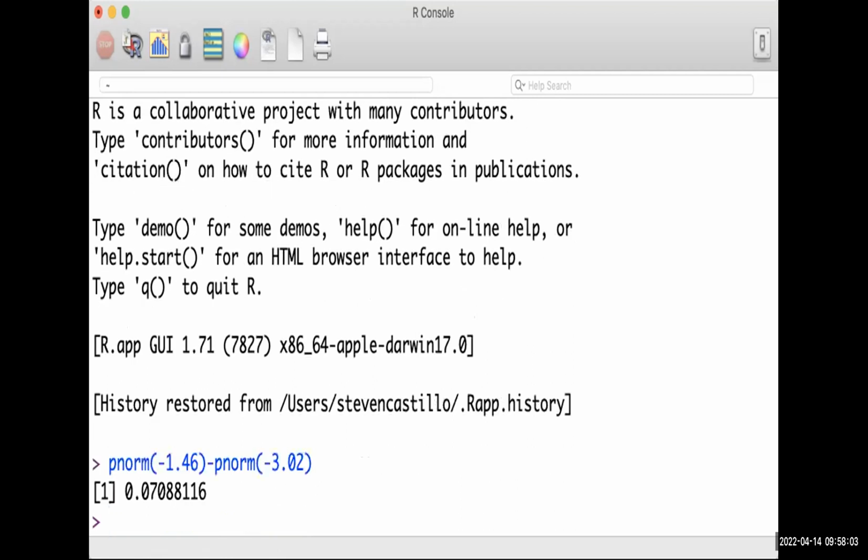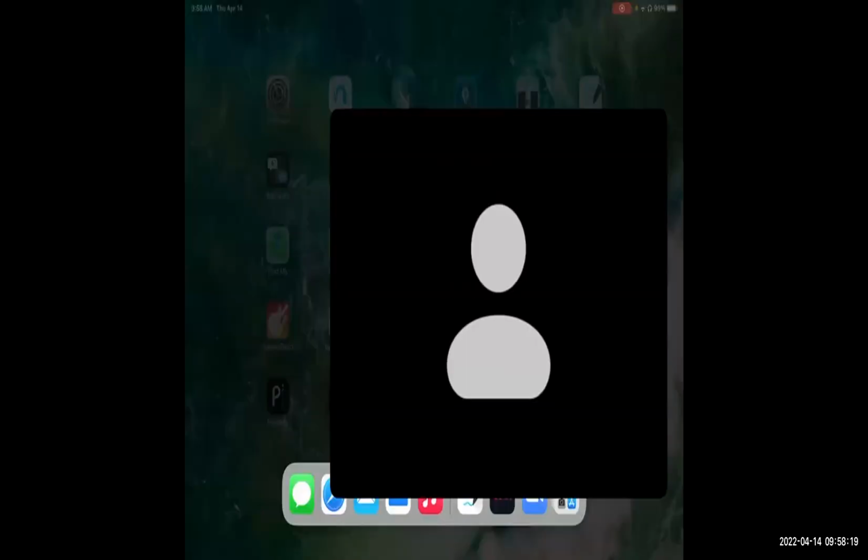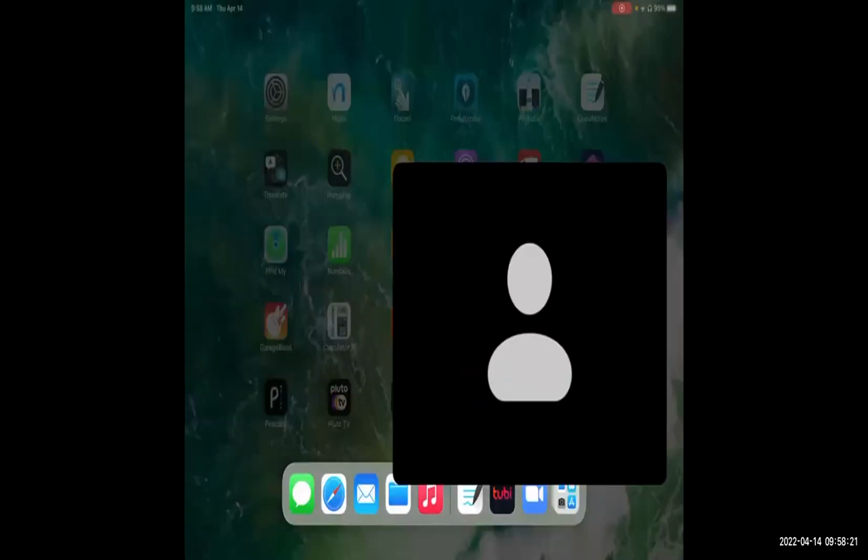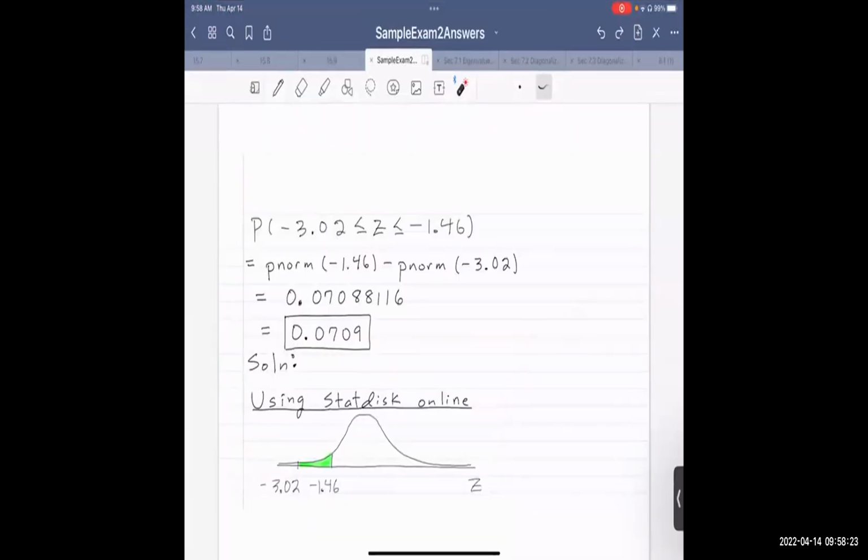If I subtract that, I get 0.070881116. Let me type that into my iPad. So I have 0.0708811.